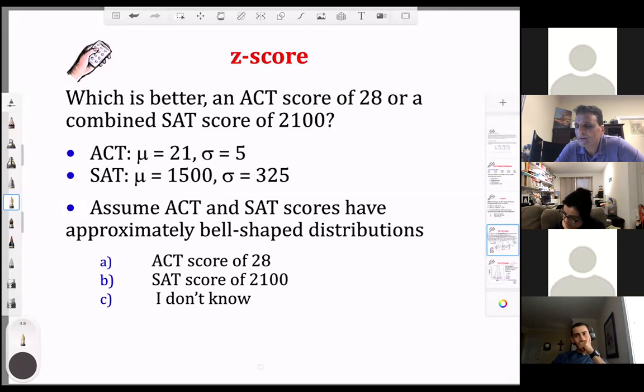On Monday, we talked about a final exam, when you get a grade, I usually look at the mean and see how far you are from the mean. So that's what we have to do. For example, the average for the ACT is 21. You're at 28. How far is that from the mean? That gives us some percentage.